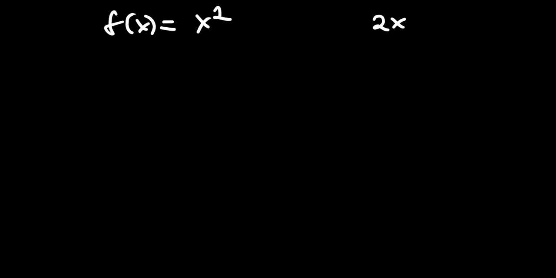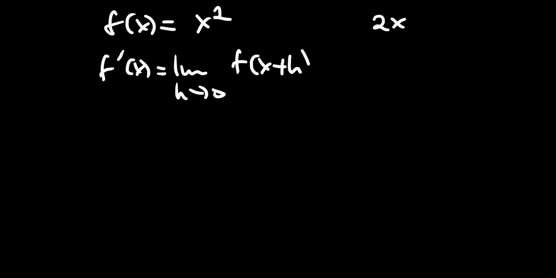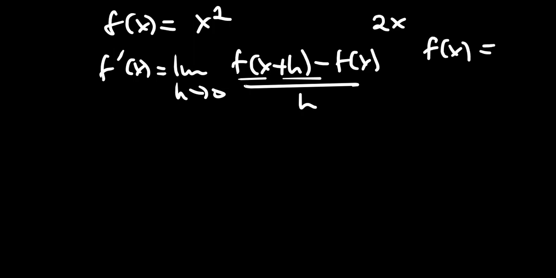So you will say f prime of x is going to be equal to the limit as h approaches 0 of, okay, so now we're saying f of x plus h minus f of x divided by h. So you need to get this f of x plus h part. So you say f of x is equal to x squared.